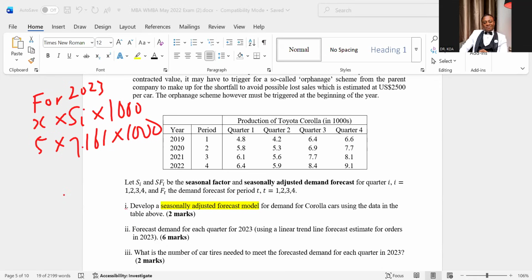What about quarter 3? 45,570. Very good. And finally, quarter 4 will be 48,825. So by the time you finish calculating all of this, you get that extra 2 marks.